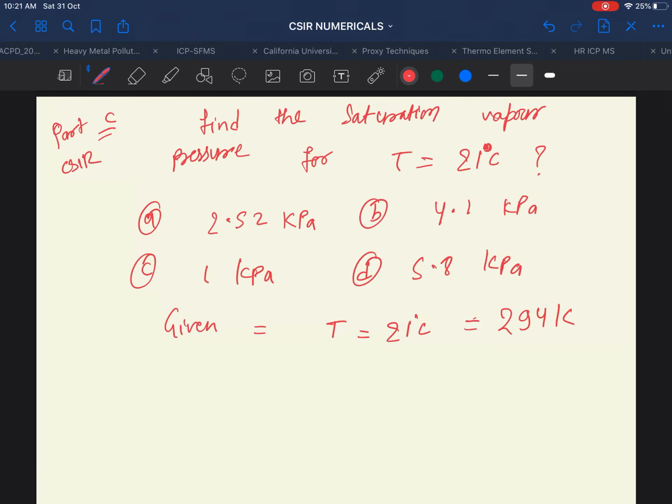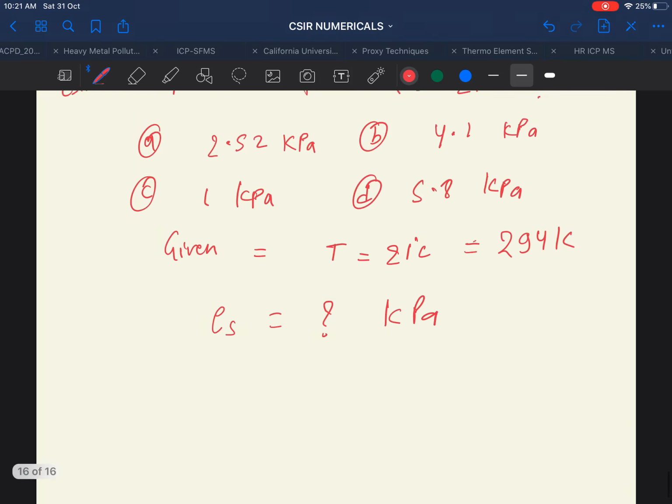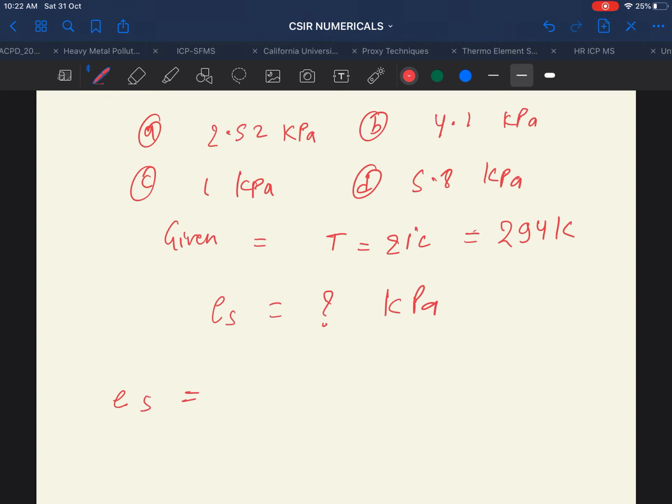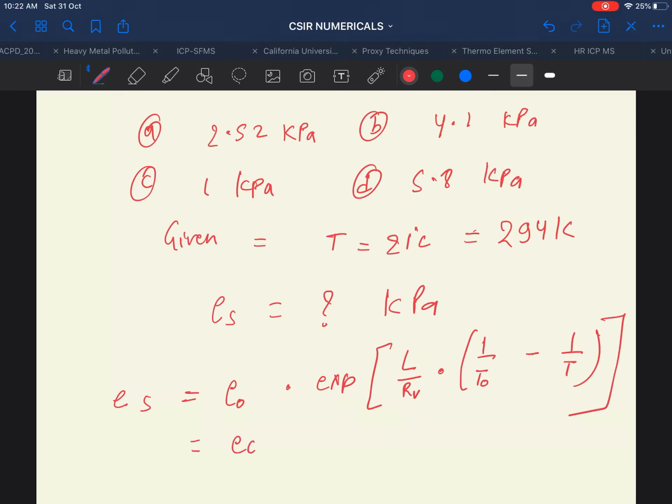Okay, then we have to find saturation vapor pressure. That means we have to find ES. ES we don't know, in kilopascals. Okay, now there is a formula for ES. ES is equal to E naught exponential L by RV into 1 by T naught minus 1 by T. Okay, so let's write here.